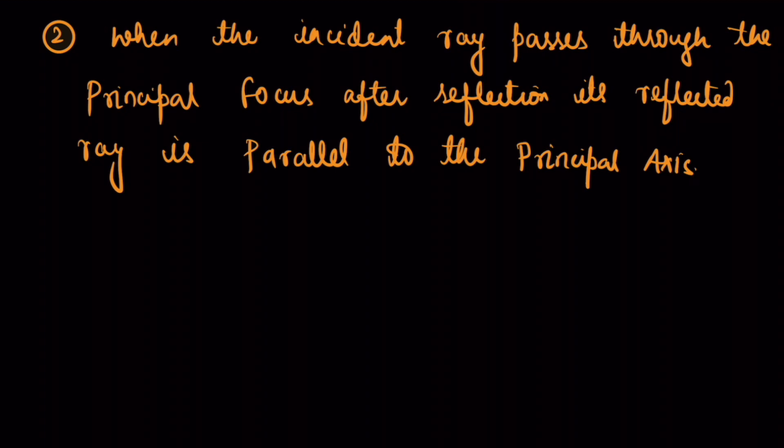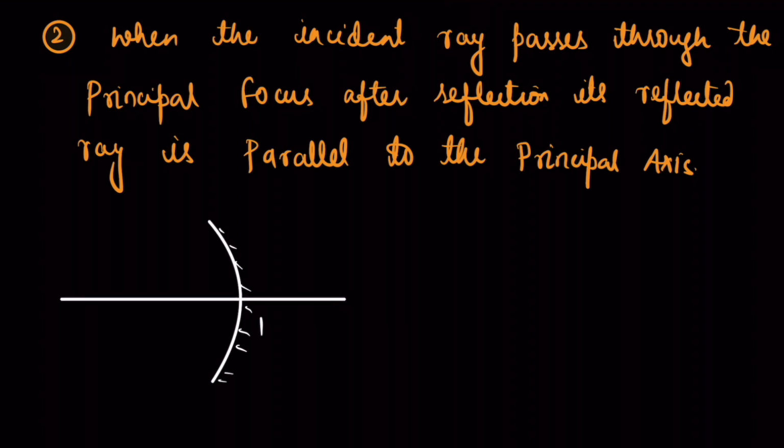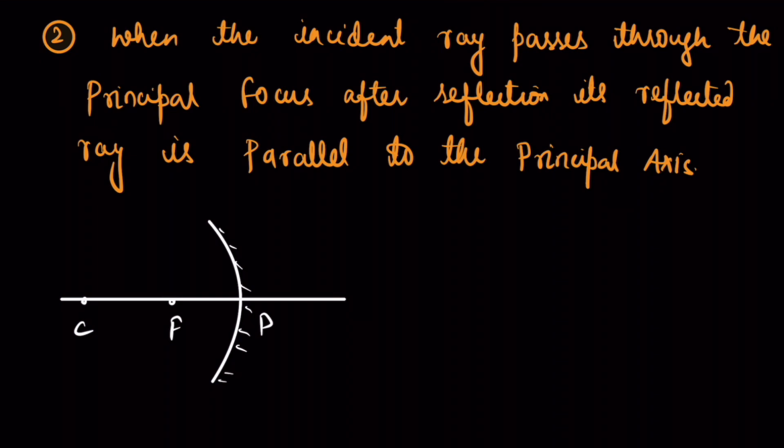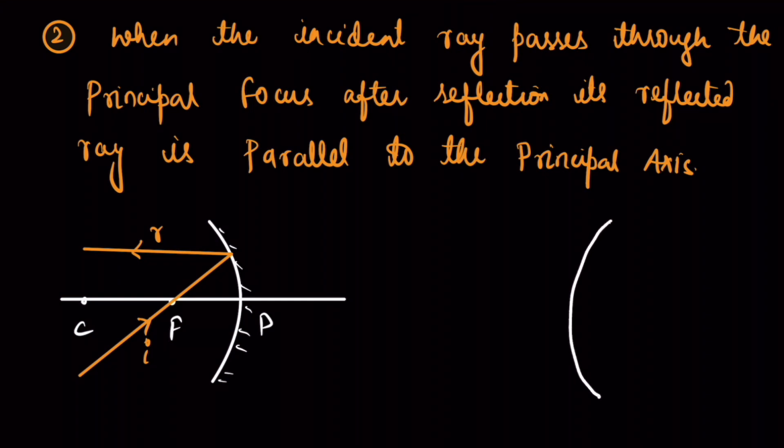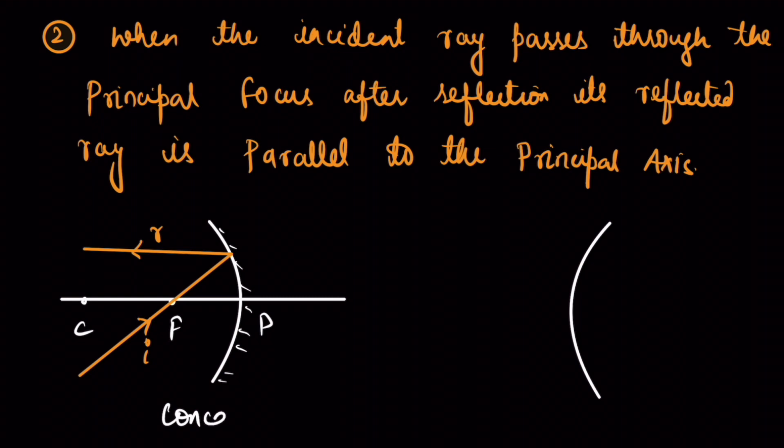So here, this is our concave mirror, principal axis, pole, focus, center of curvature. If the incident ray passes through the focus, after getting reflected, the reflected ray is parallel to the principal axis. Here, this is the incident ray and this is the reflected ray. Similarly, we can draw it in the convex mirror.